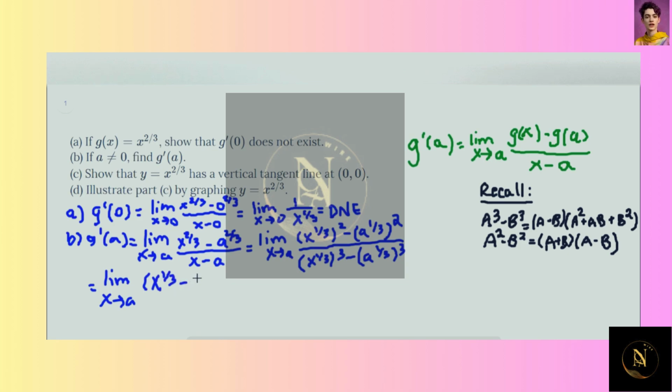minus B, which is a to the 1/3, times A plus B, and the denominator is a little longer, but we should have A minus B, or x to the 1/3 minus a to the 1/3, multiplied by A squared, or x to the 2/3, plus A times B, which is x to the 1/3 times a to the 1/3, plus B squared, or a to the 2/3.